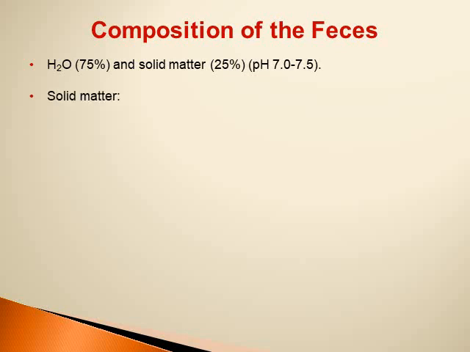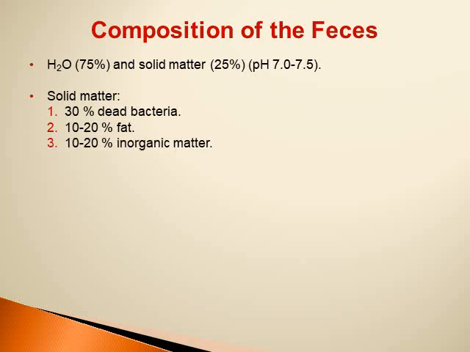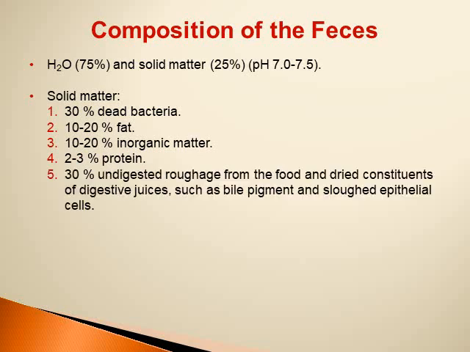Of the solid matter present in the fecal material, 30% is dead bacteria, 10 to 20% fat, 10 to 20% inorganic matter, 2 to 3% protein, 30% undigested roughage from the food, and dried constituents of the digestive juices that were not absorbed, such as bile pigments and sloughed epithelial cells.